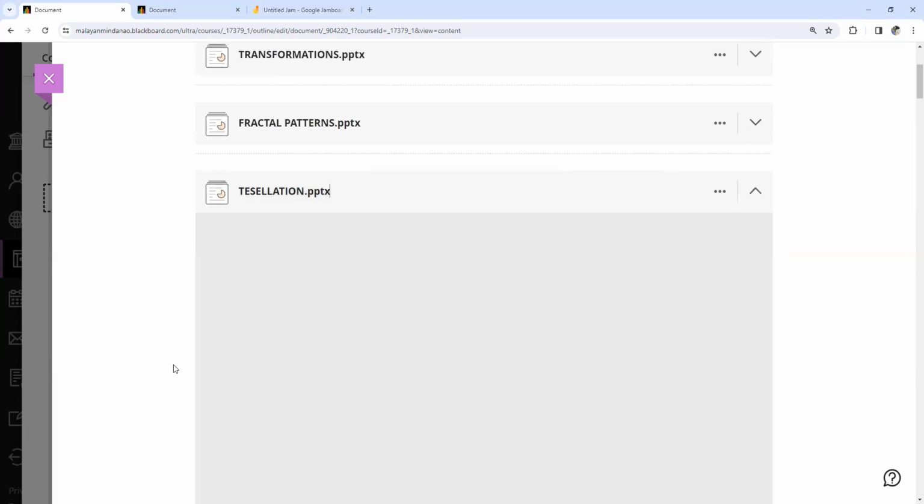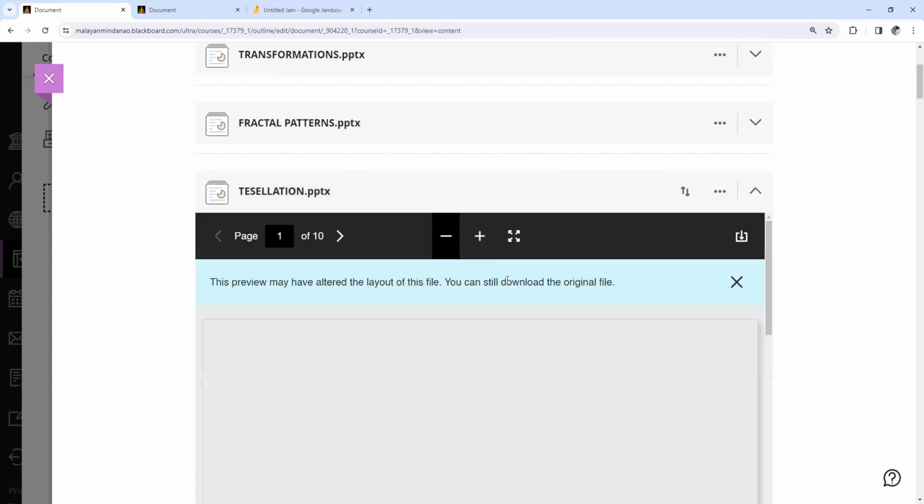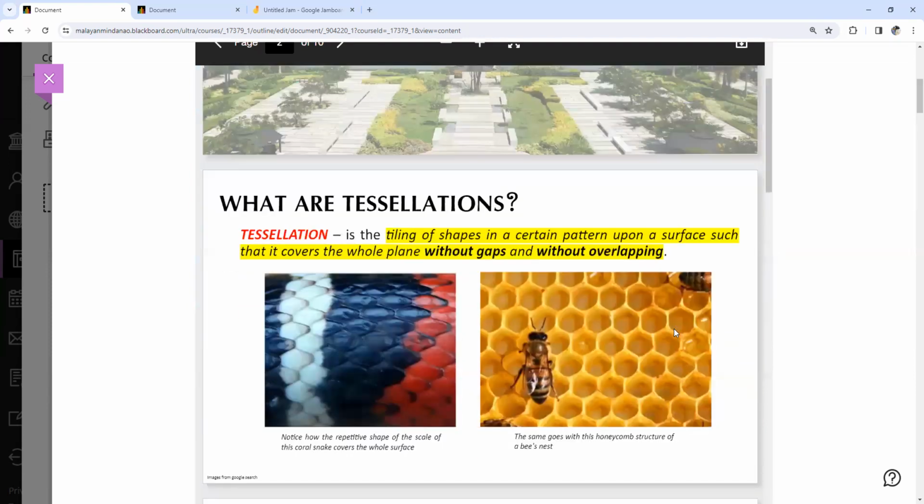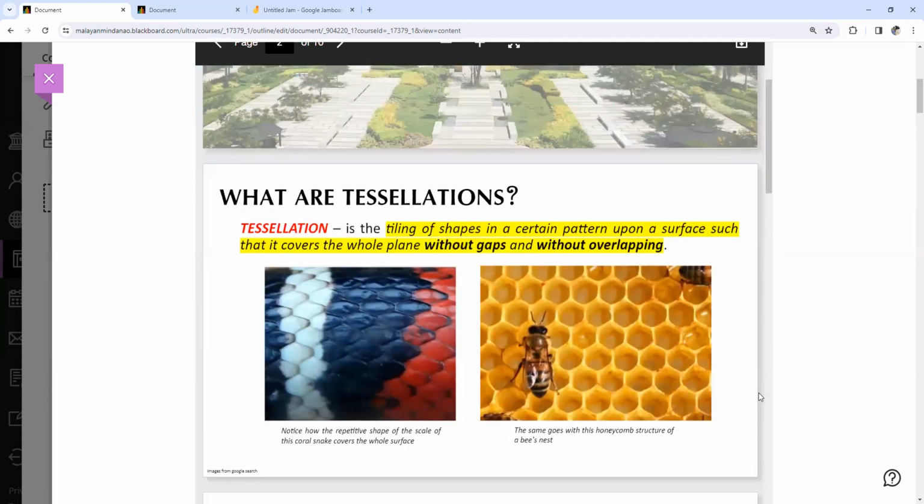Let's talk about tessellations. And so tessellations are tilings of shapes in a certain pattern upon a surface such that it covers the whole plane. So imagine that you have a plane and you have an empty plane, but you intend to fill the plane with shapes without gaps and without overlaps.